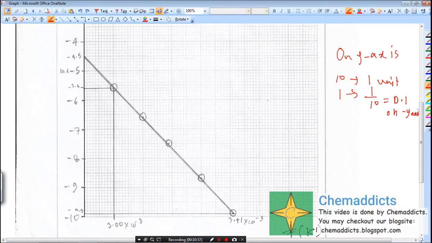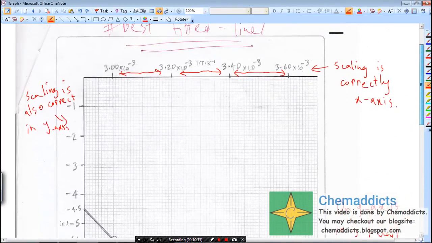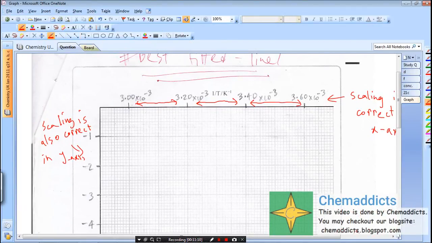That's totally fine on the y-axis. On the x-axis, let us find the smallest division. This should be useful in later calculation on this plotting. Let us now see the data for the reciprocal, 1 by t.